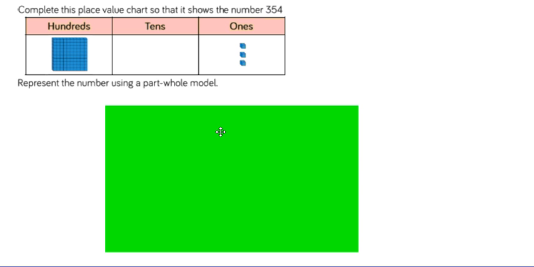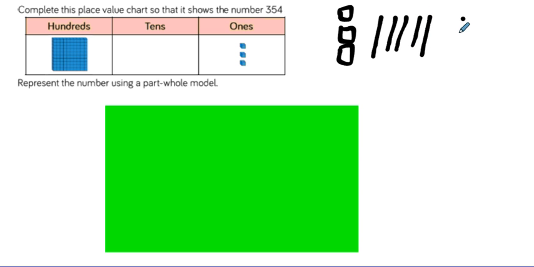Okay, complete the place value chart so it shows the number 354. So the way this should look is like this. 300s, 5 tens, and 4 ones.